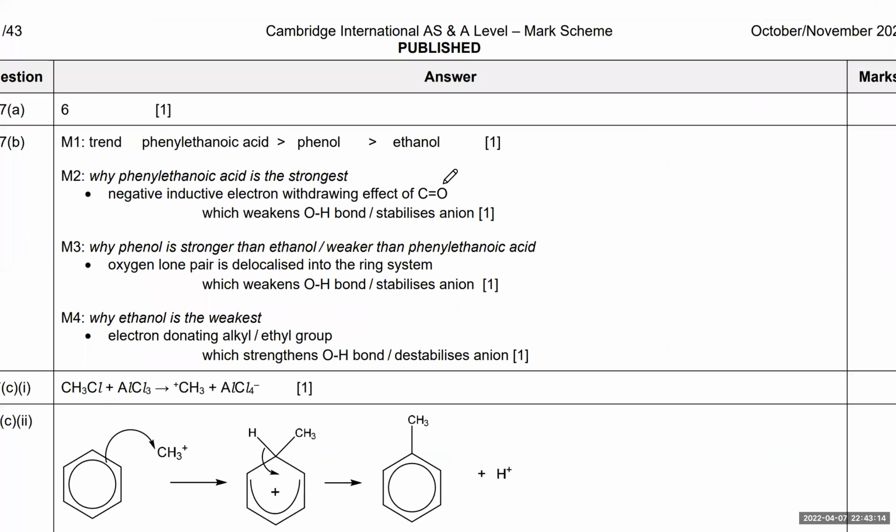It's about the withdrawing effect of the C=O bond, which stabilizes the anion. For ethanol, it's the weakest. Why? Because there's an electron donating alkyl group, which destabilizes the ion, so you have an unstable ion. The negative charge density is a lot higher.